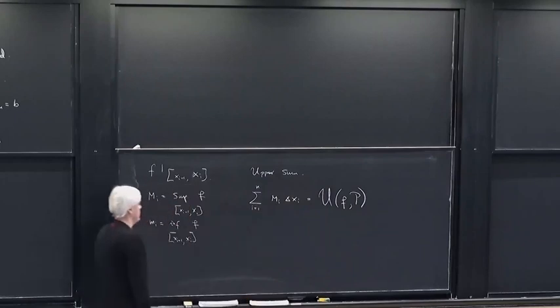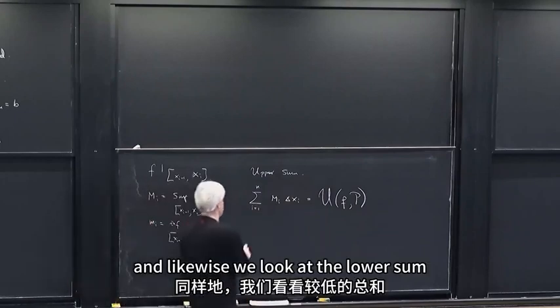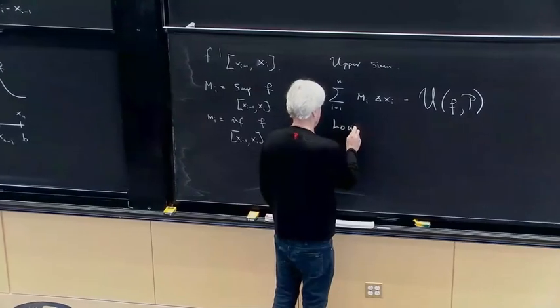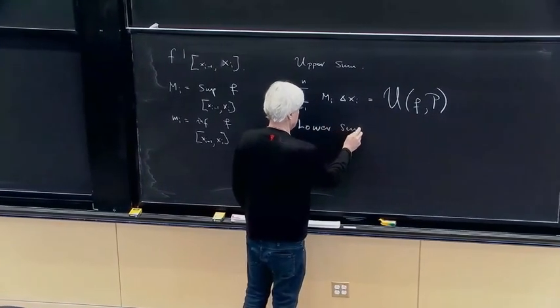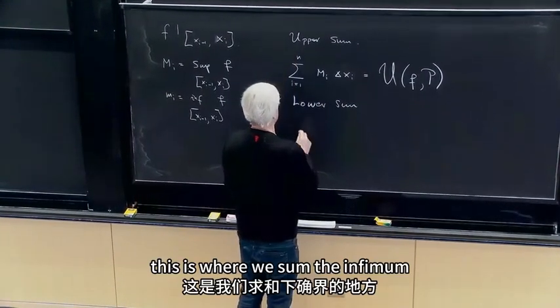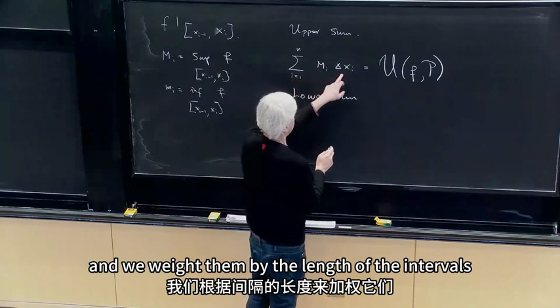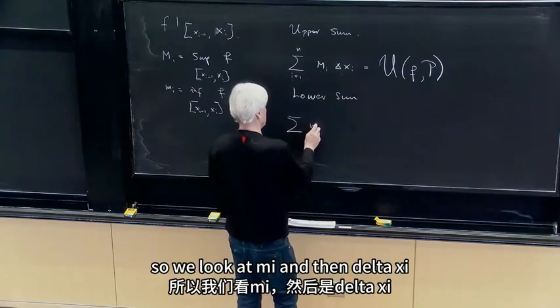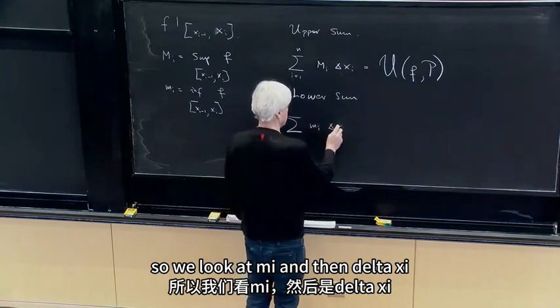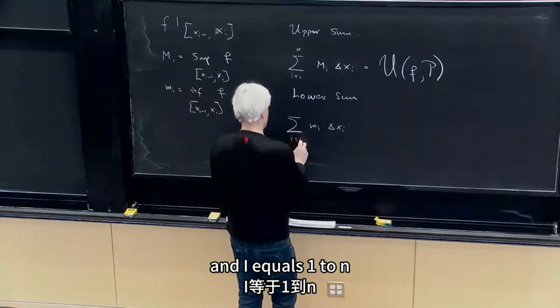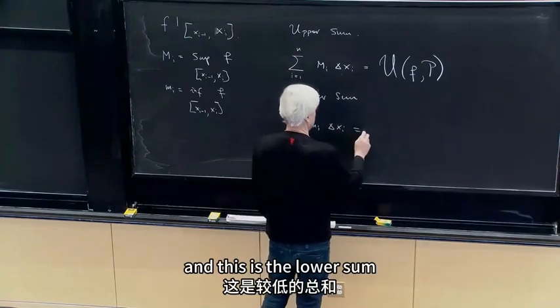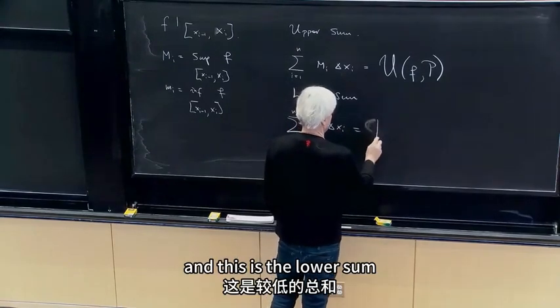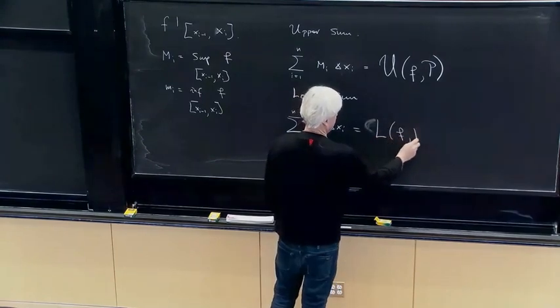And likewise, we look at the lower sum. This is where we sum the infimum, weighted by the length of the intervals. So we look at mi times delta xi, i equal to 1 to n, and this is the lower sum for this partition.